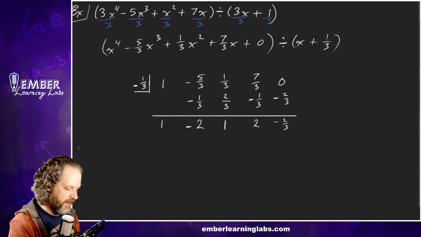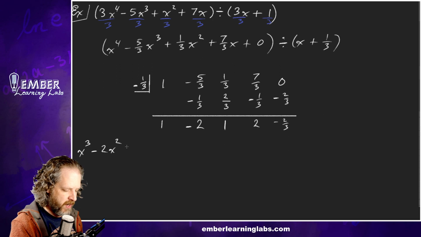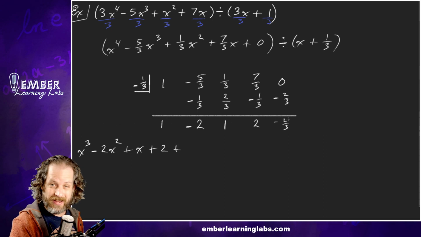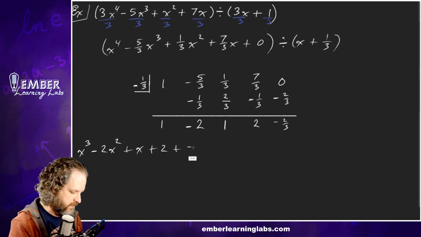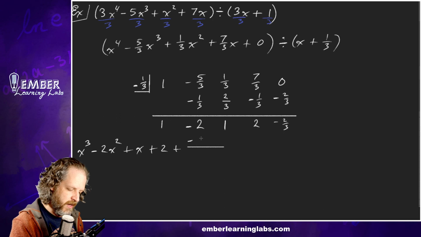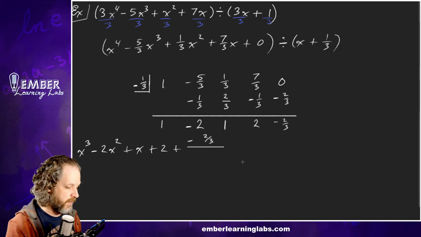So we're going to rewrite this as x cubed, 1x cubed. 4 minus 1 is 3, right? Minus 2x squared plus 1x plus 2 plus, we got a remainder this time. So we got a fraction, negative 2/3 over.